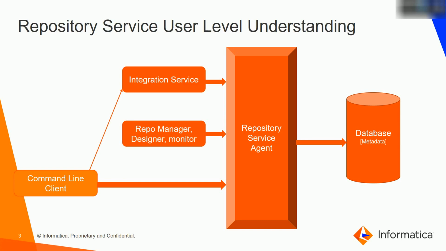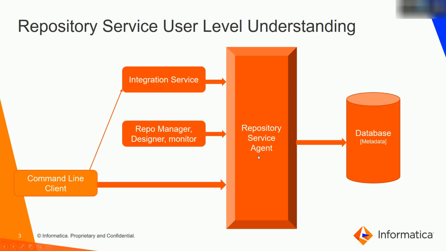Any request for accessing the metadata will be done only via the repository service agent. Repository service agent monitors and notifies metadata operations as well. The repository database is a relational database schema which is used by the repository service to persist the metadata.